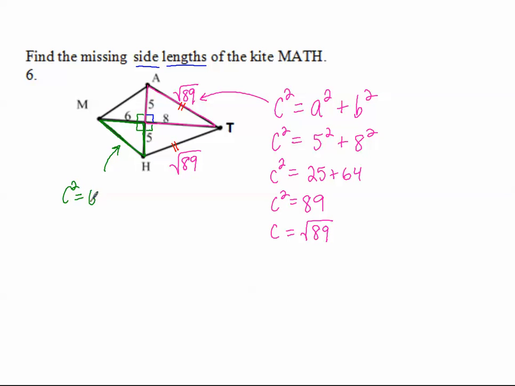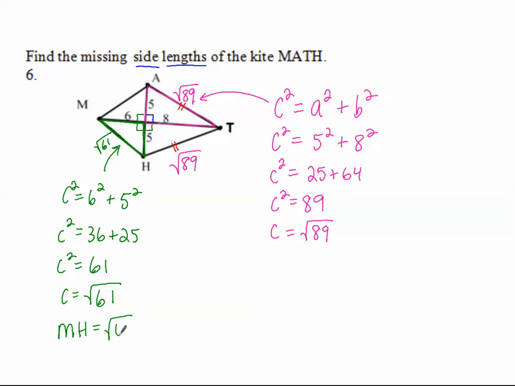C squared equals 6 squared plus 5 squared. So C squared equals 36 plus 25. So C squared equals 61, and C is the square root of 61. So this side is square root of 61. Or I can say MH equals square root of 61.